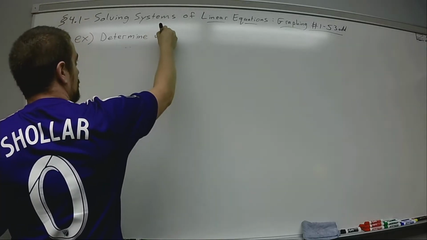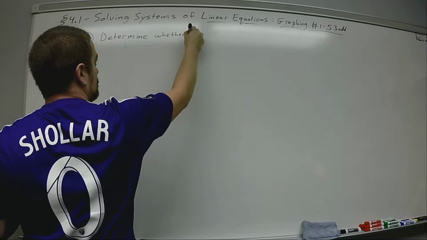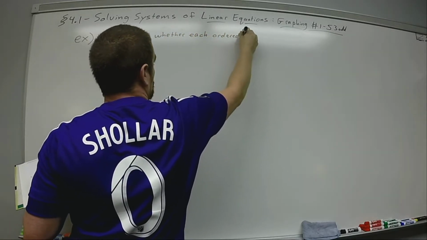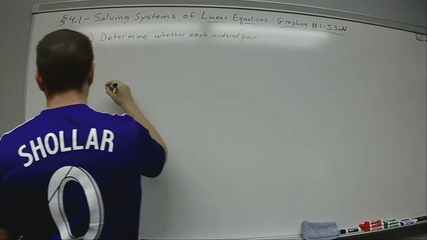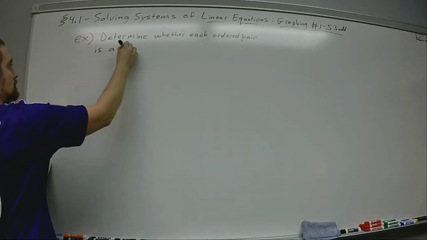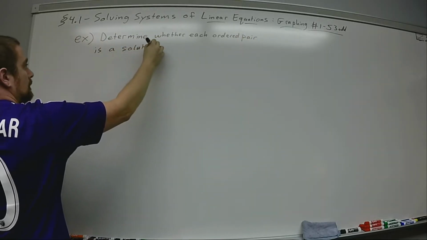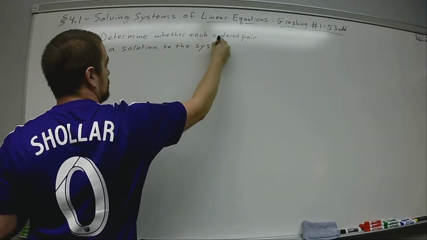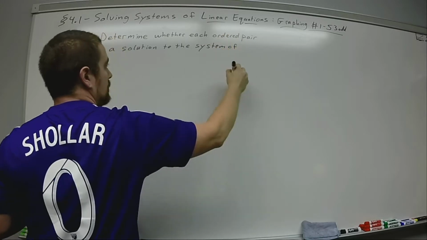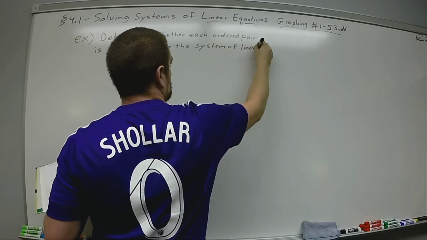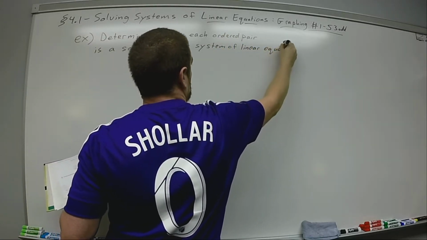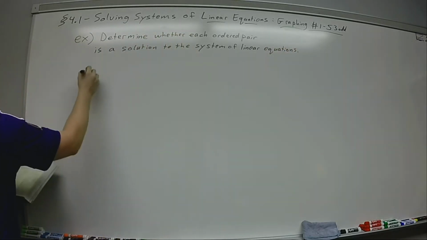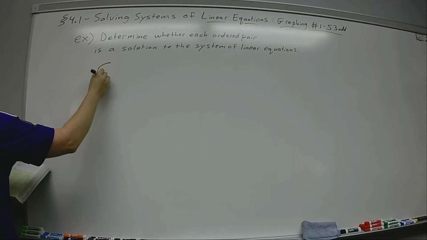So determine whether each ordered pair is a solution to the system of linear equations. So right off the bat, they're just going to say, hey, here's a system, and we think these might be the solutions. Can you check for us?